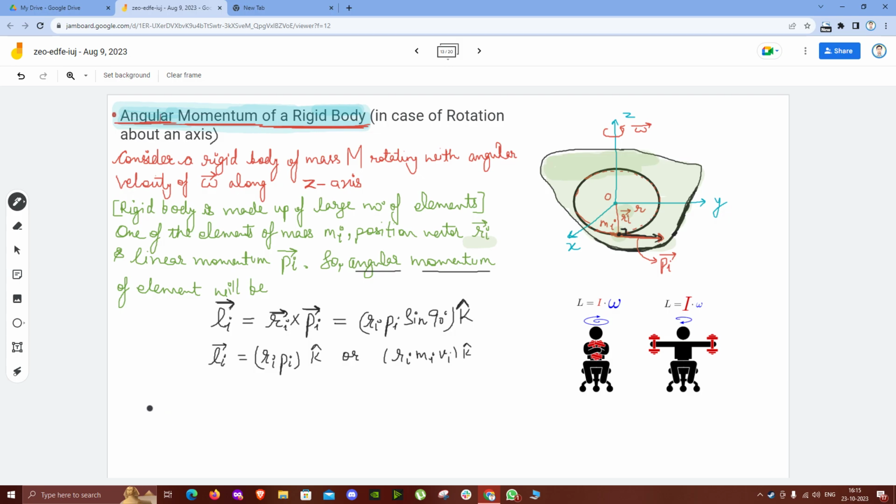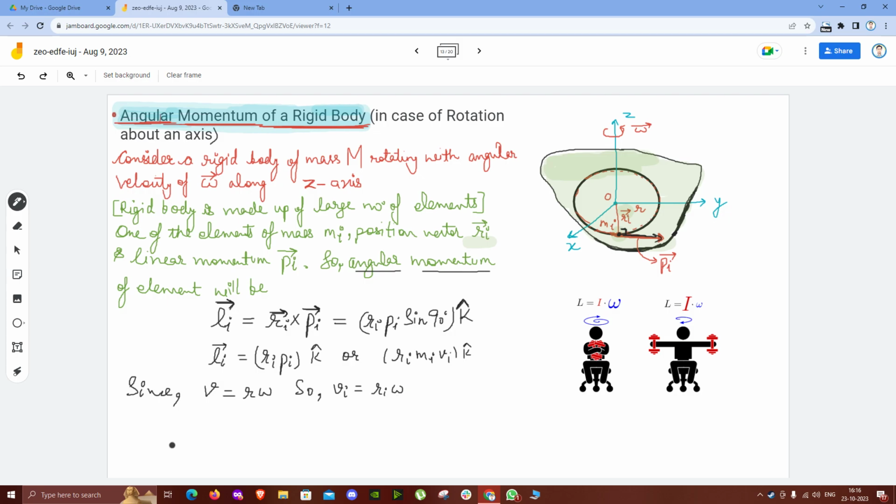Also we know that velocity is r omega, angular velocity and the linear velocity. So vi is equal to ri times omega. Let's keep it omega for now.